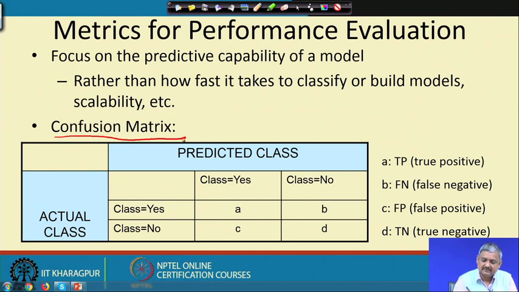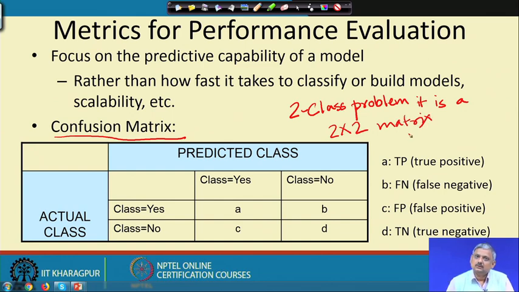Suppose for a 2 class problem, it is a 2 by 2 matrix. So, how do I get the matrix?